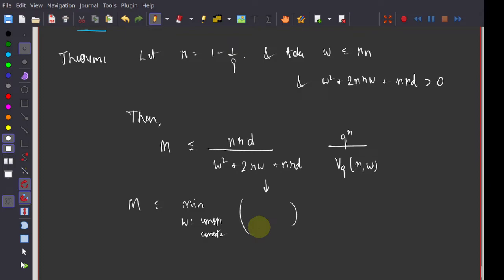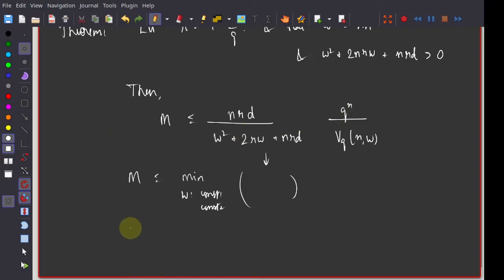If you look at asymptotically large n and q equal to 2, so if we take n tending to infinity, then we get that M is less than or equal to nrd divided by 2nrw plus nrd, times 2 to the n divided by V2. Now all of these are basically polynomials in n, so they don't really affect anything as long as the exponential is the dominating term.